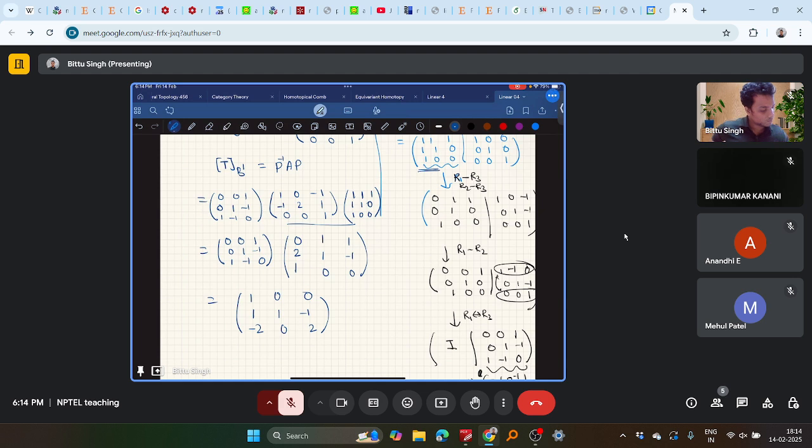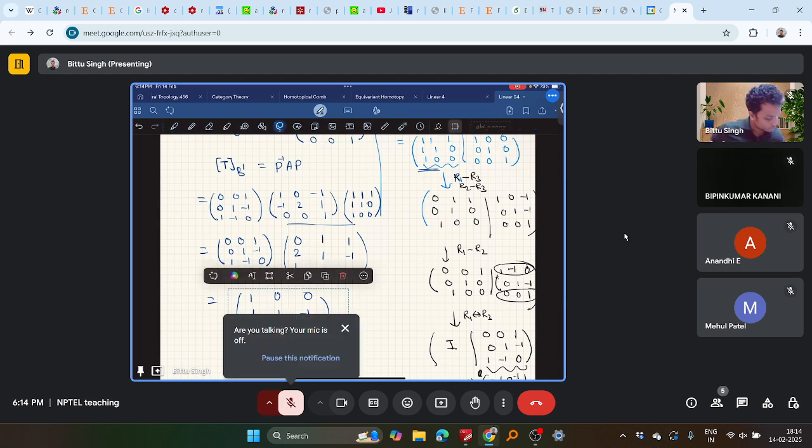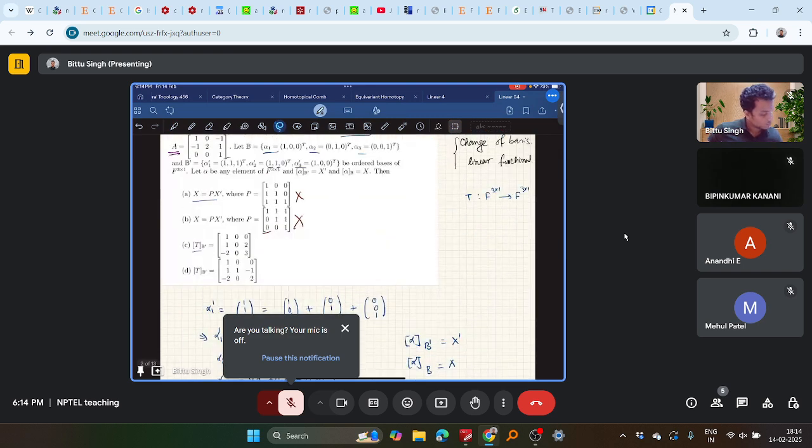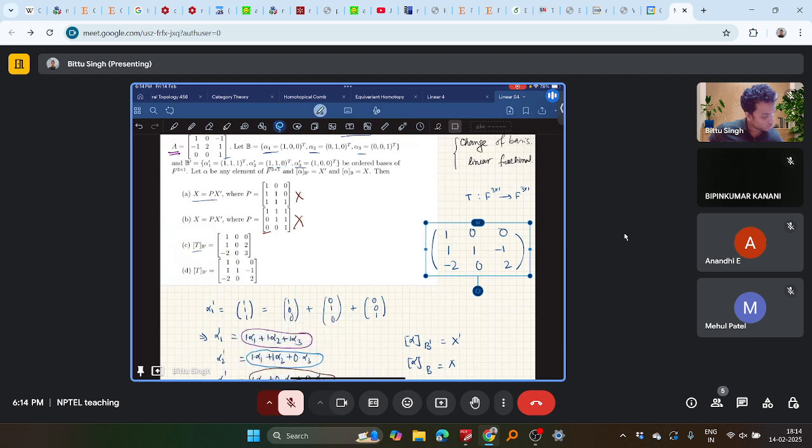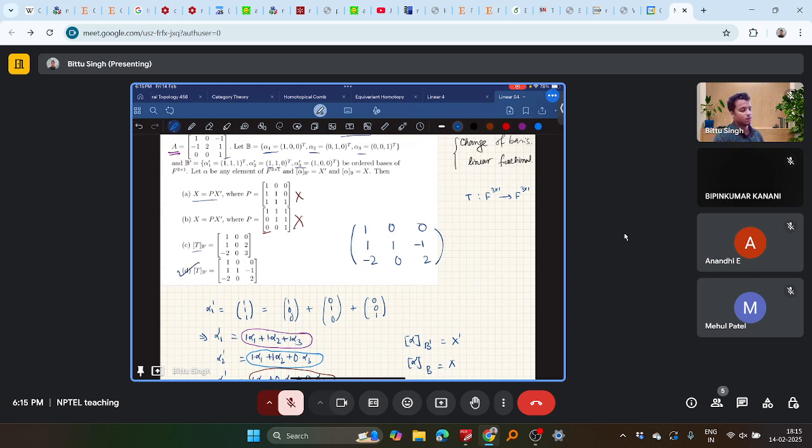Let me check if it is matching with something. So let me put the answer here. Can we verify that the answer T with respect to B dash is matching with this answer, right? So this is the correct answer: 1 0 0, 1 1 minus 1, minus 2 0 2.